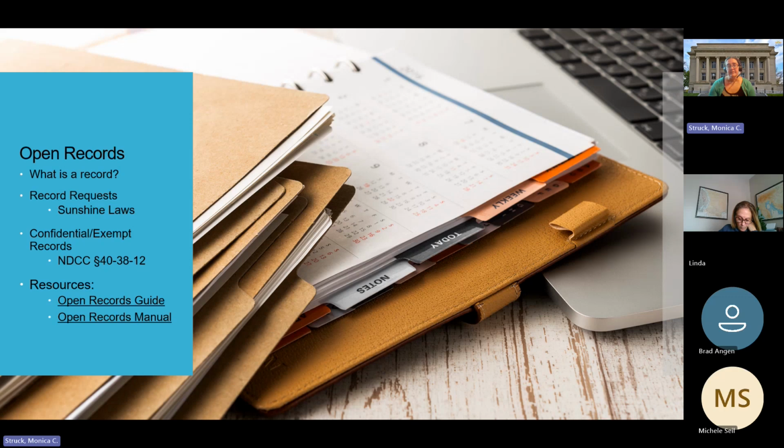Again, there are resources from the Attorney General's office that I highly recommend you look through for questions on open records. They have a guide, which is a nice, quick and dirty 2-page affair. And then they have their open records manual that goes in more depth.